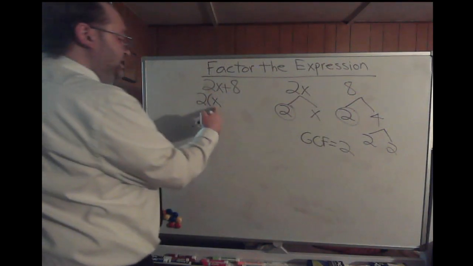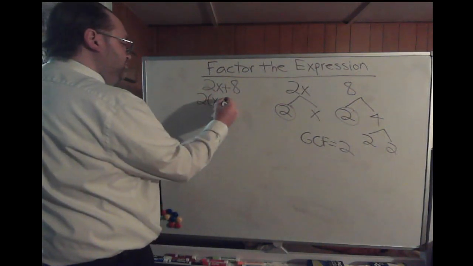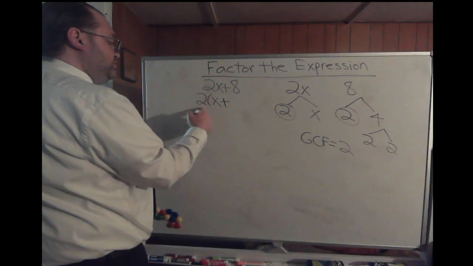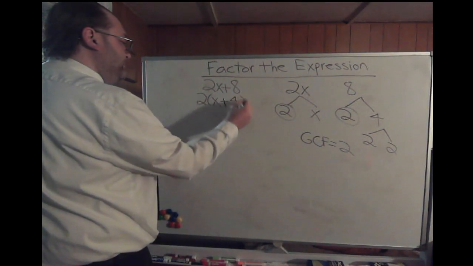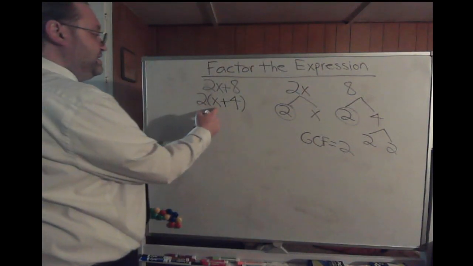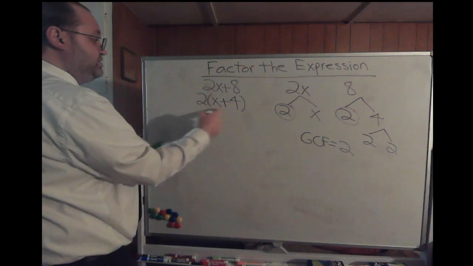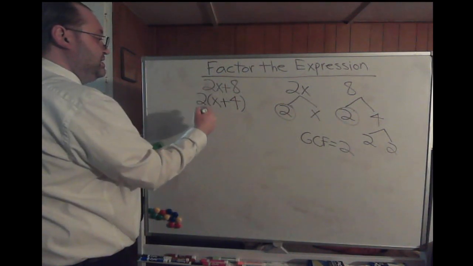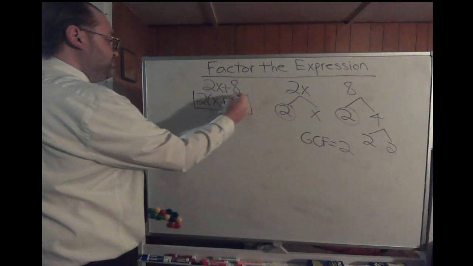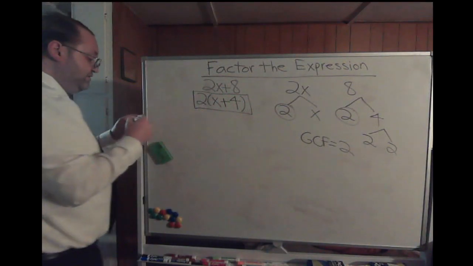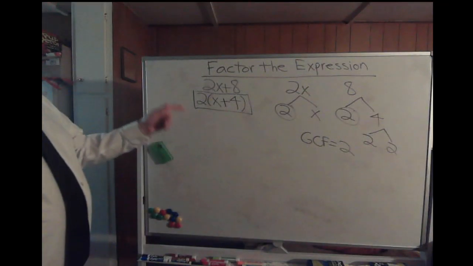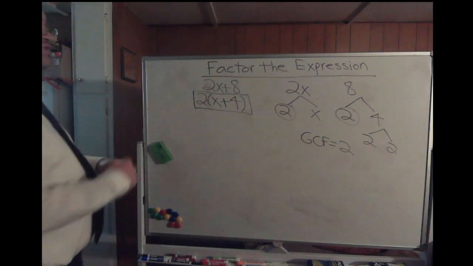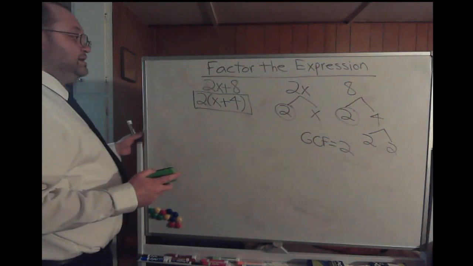So 2 times x equals 2x, plus 2 times what equals 8? 4. 2 times 4 equals 8. So therefore, we have factored the expression to be 2 times the quantity of x plus 4. And if you perform the distributive property, you'll get 2x plus 8. That's a way to check it if you want.